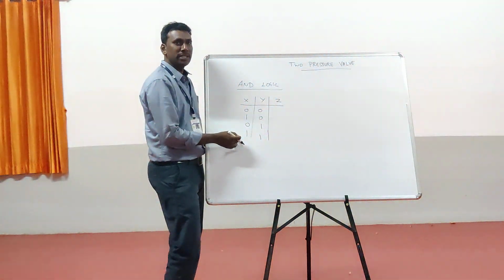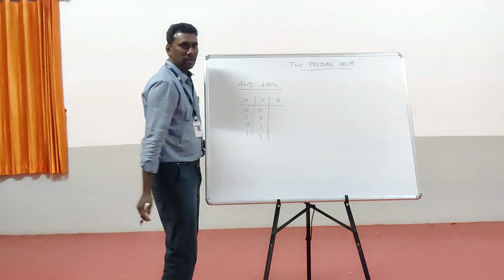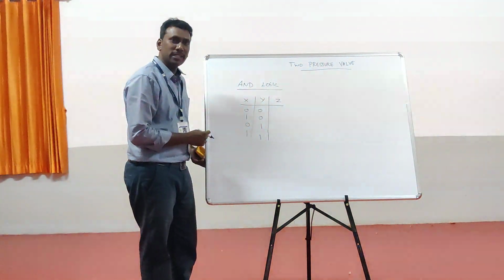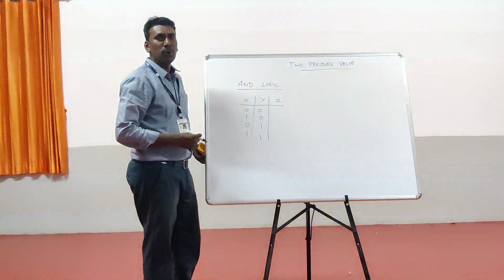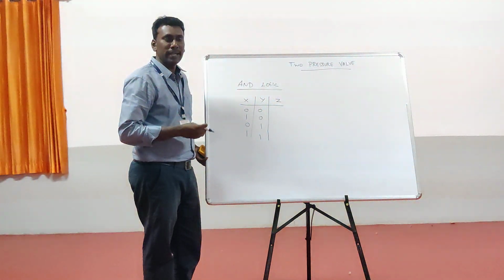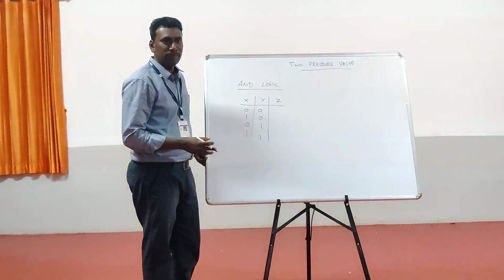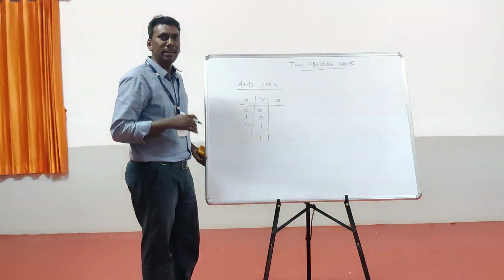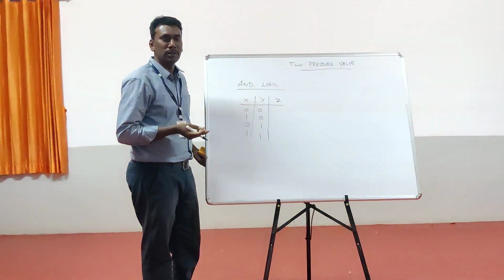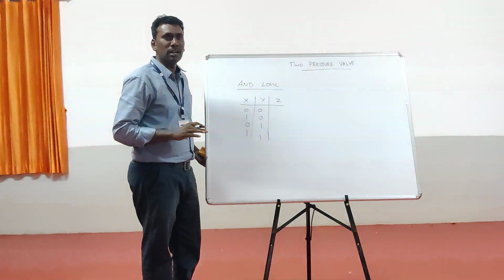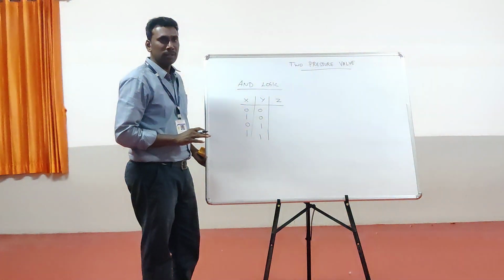Based on these four combinations, the AND gate produces the logic. What is the logic behind the AND gate? If both the inputs are enabled only, the output is going to be enabled. This is the basic logic. If any one of the inputs is enabled, it does not produce the output.